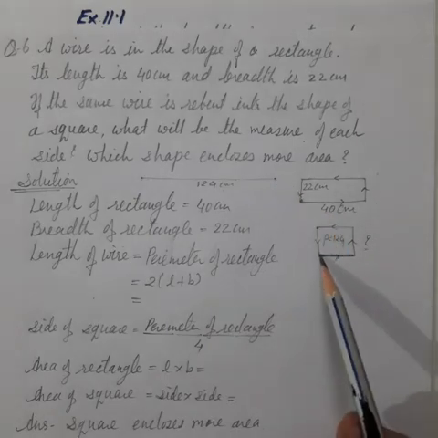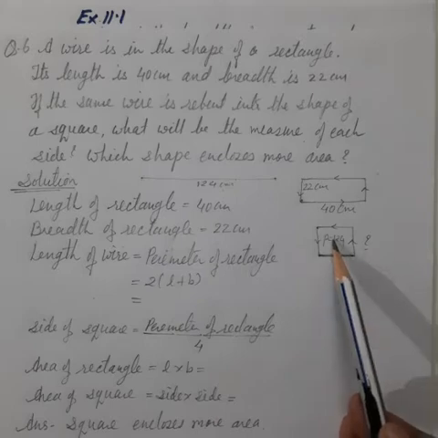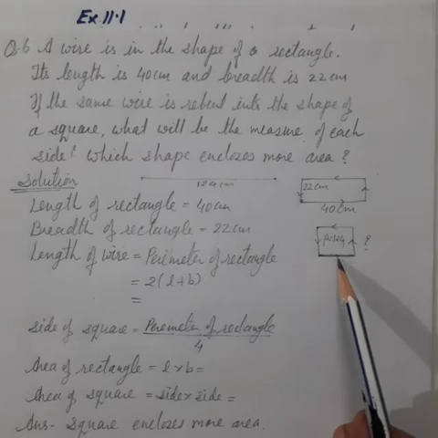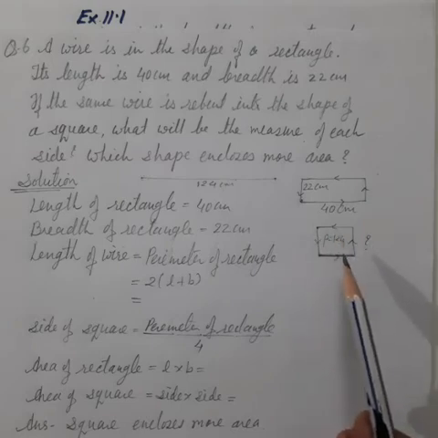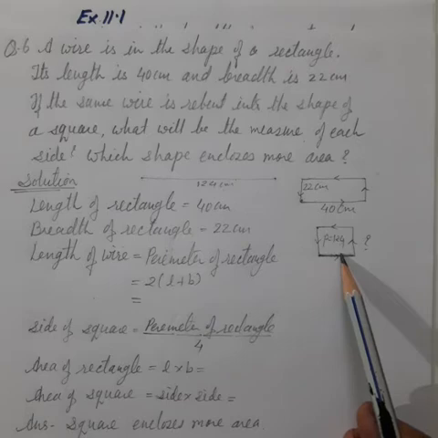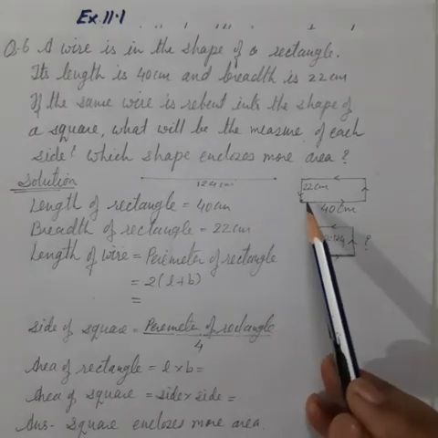And to get the length of one side of this square, we have to divide this perimeter, that means the length of wire, by 4, because in a square all the 4 sides are equal. And once we get the length of one side of the square, we can find out the area. So first, let us find out the length of this wire.